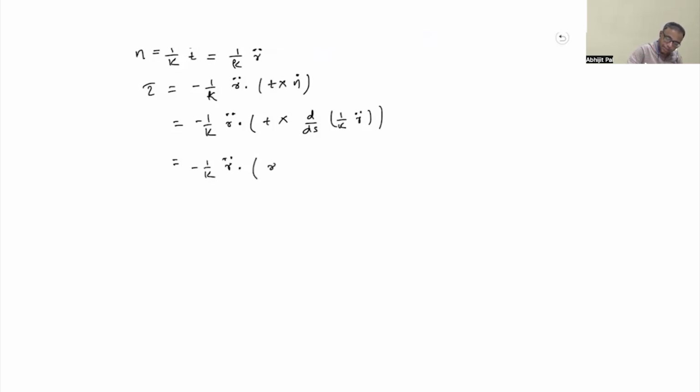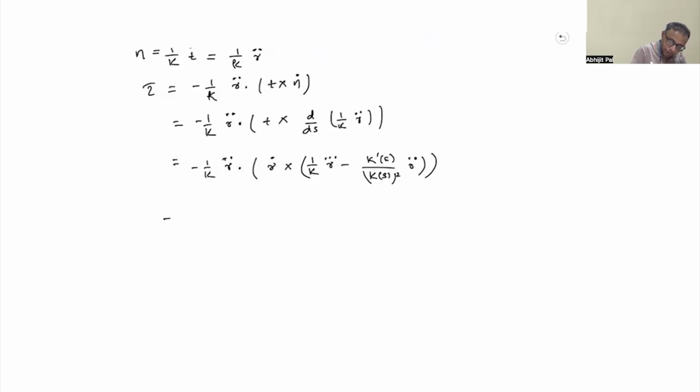So t is gamma dot, vector product with 1 by k gamma triple dot minus k prime s divided by k square gamma double dot. Okay, so we have this thing here.